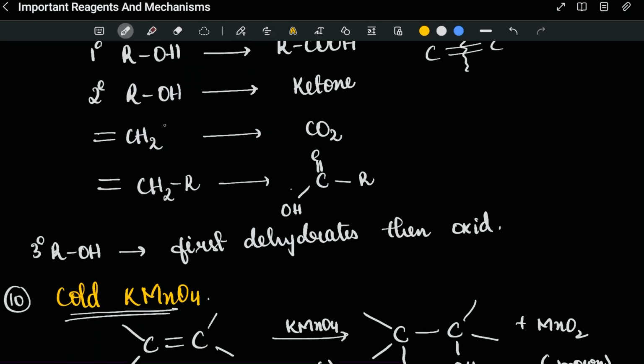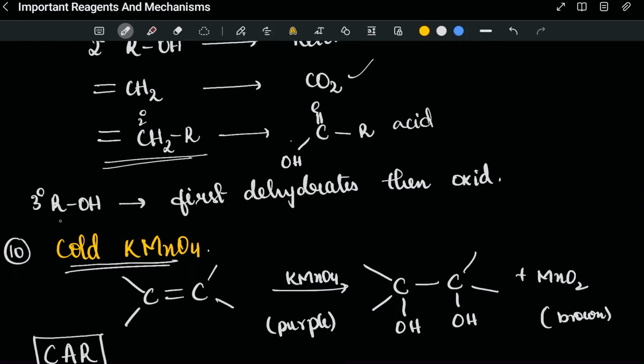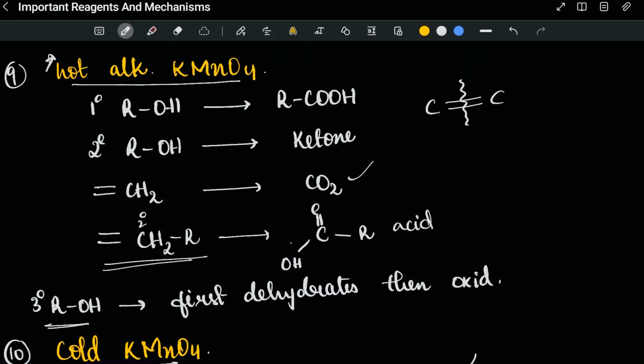Whenever we have a double bond CH2, it will immediately oxidize into CO2. Now, if we have a CH along with an R, if this is a secondary carbon, then an acid is formed. Carboxylic acid is formed. Whenever a primary alcohol is there, it will convert it immediately into carboxylic acid.